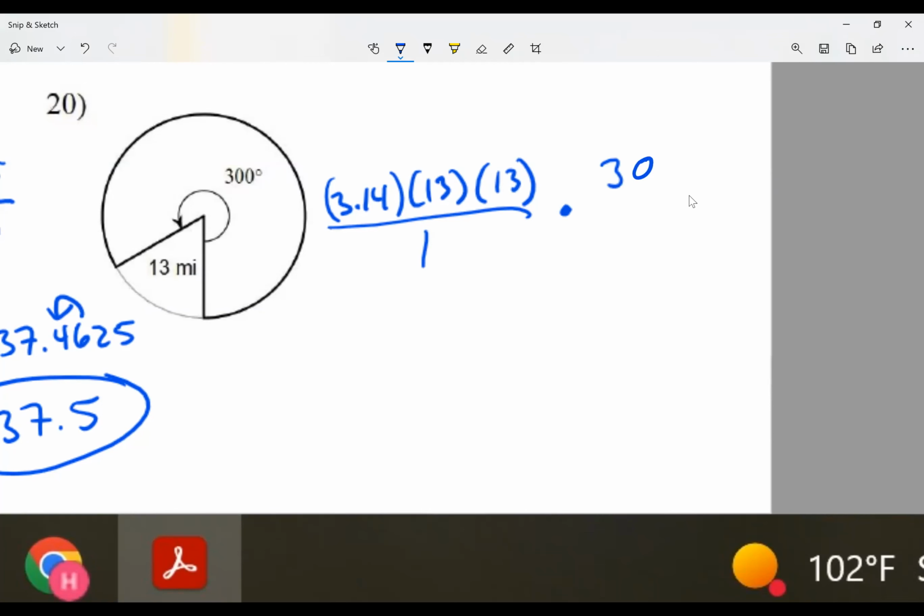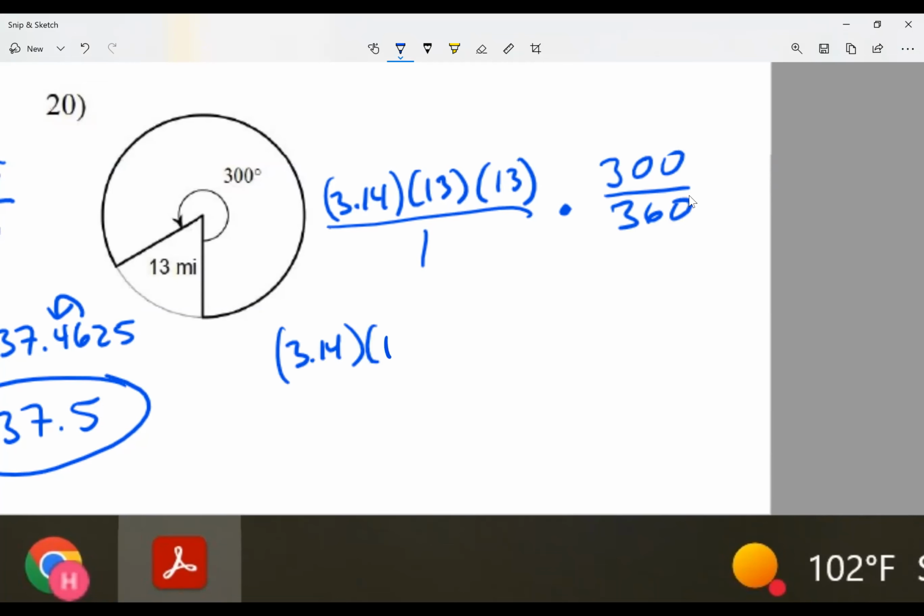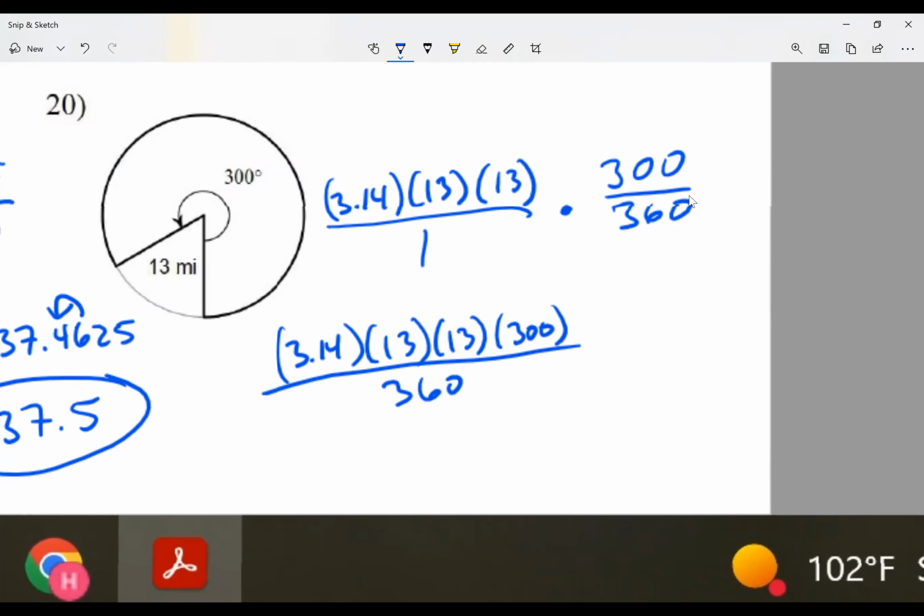I have 300 over 360. If I was to combine this into one fraction, I have 3.14 times 13 times 13 times 300. At the bottom, I have 360. So 3.14 times 13 times 13 times 300 divided by 360.